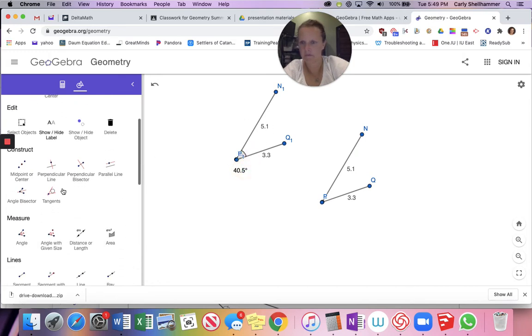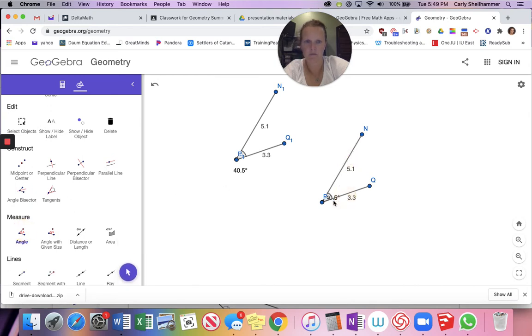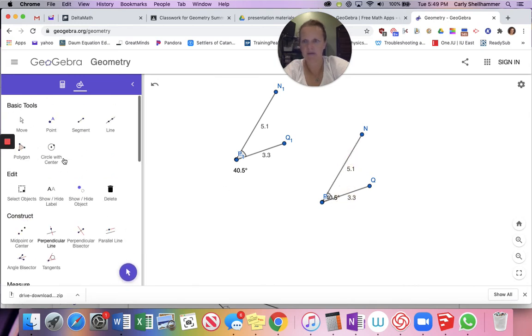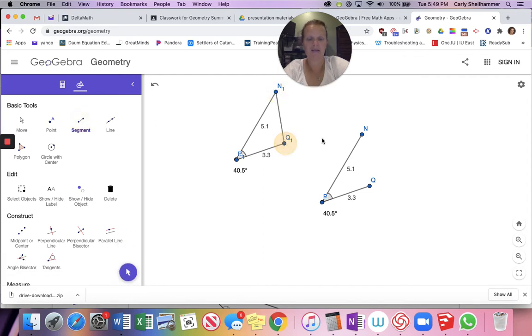Cool. Let's move that. Now, because I have constructed 2 segments with an included angle that are all equal, I should be able to connect those to the open ends and have them be the same length too.